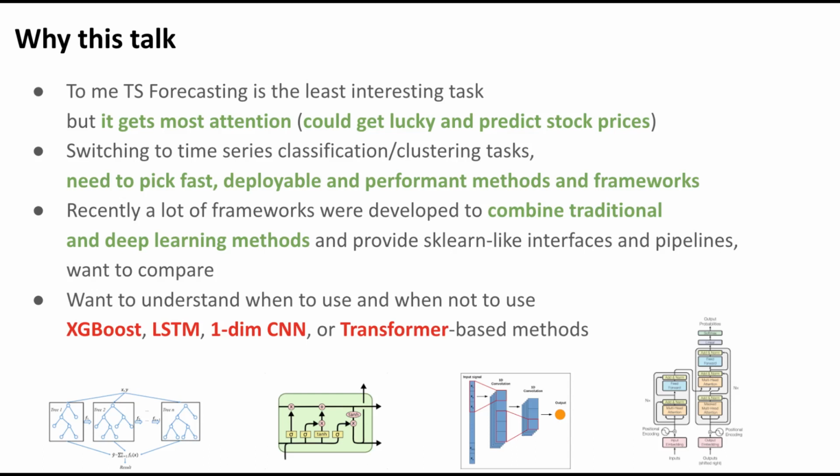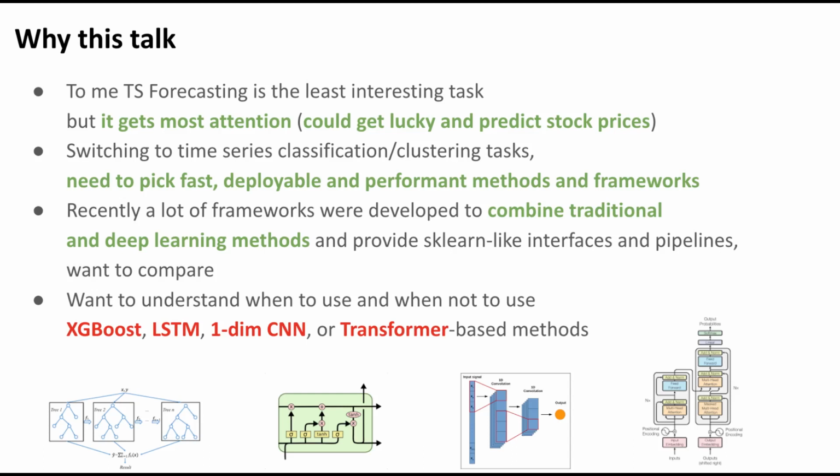There are several frameworks that have been developed in the last 2 years that combine traditional time series methods and state-of-the-art deep learning methods that are being developed. And they provide easy interfaces and pipelining.